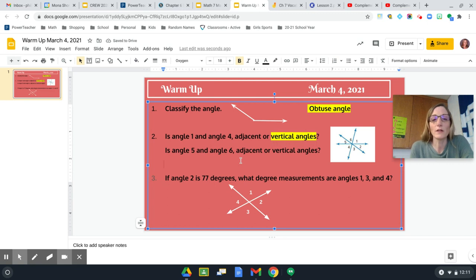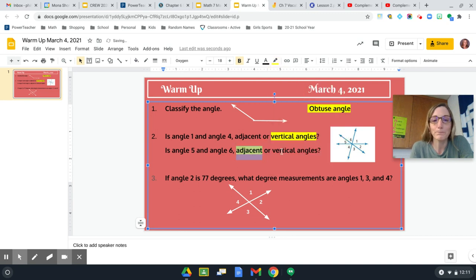Second question there: are angle 5 and angle 6 adjacent or vertical? Angle 5 and 6 are right next to each other here. When they're right next door and they share a common vertex and a ray, a common side, then those are considered adjacent.